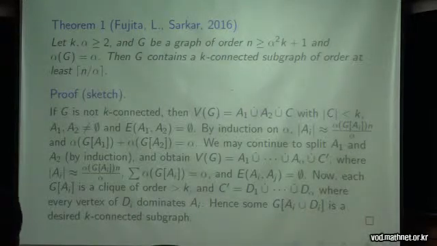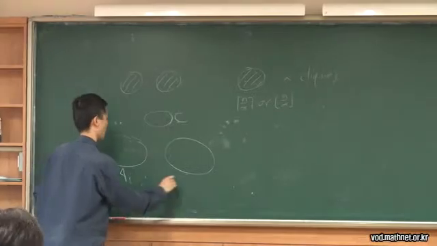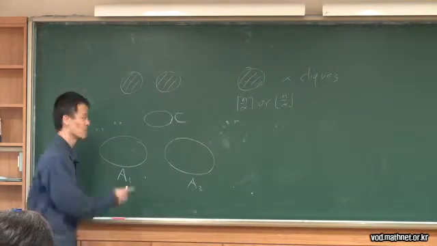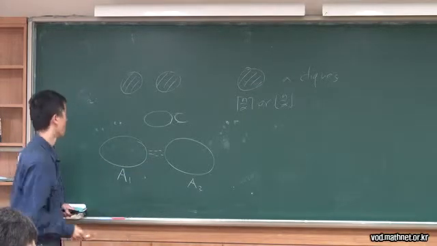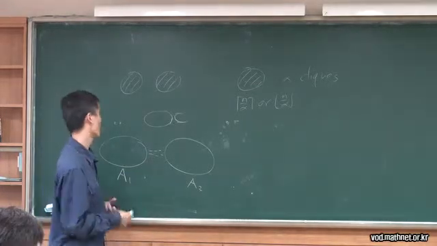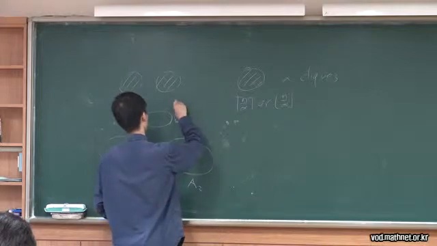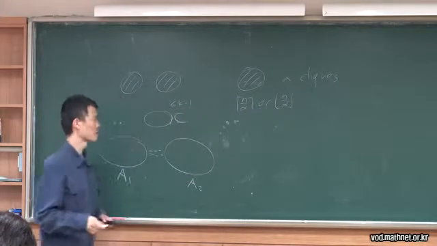We go by contradiction throughout. Suppose G itself is not k-connected. Then we have a cut C for G, with A1 and A2 each non-empty and no edges between them, and C has size at most k minus 1.